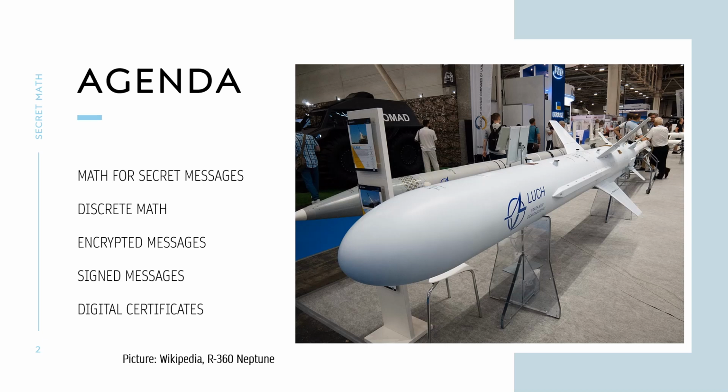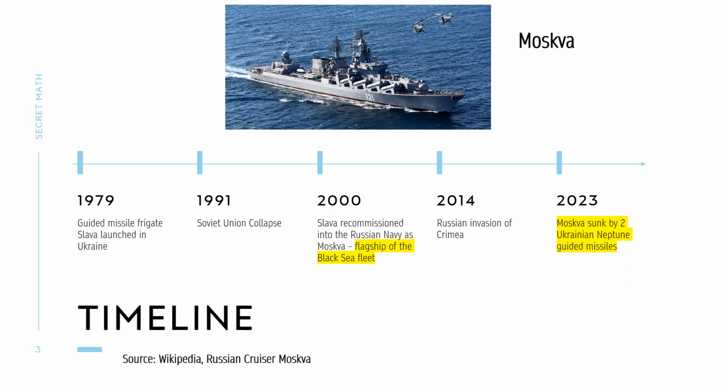So this is a Ukrainian R-360 Neptune missile. Neptune, missile, unmanned aerial vehicle. I don't want to confuse the difference between an unmanned aerial vehicle and an unmanned underwater vehicle. The event that happened in 2023 was the sinking of the Moskva. The Moskva was the flagship of the Russian Navy fleet, Black Sea Fleet.